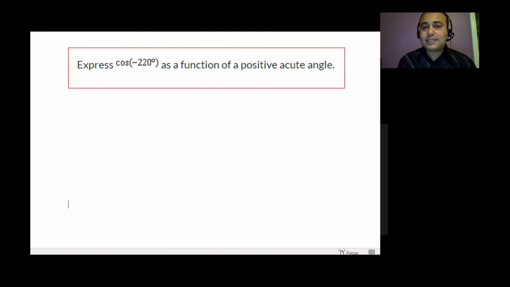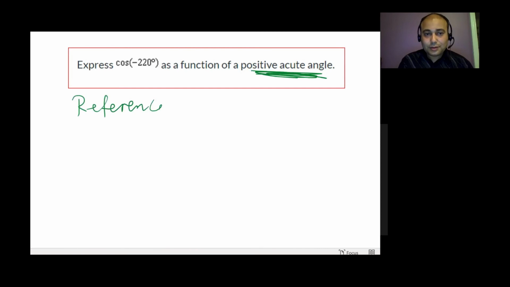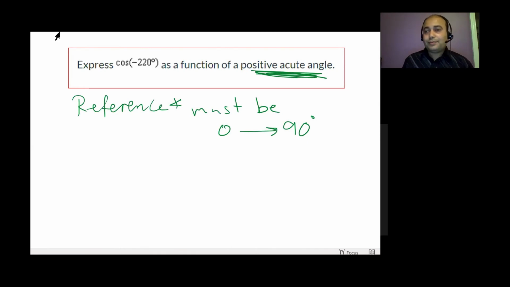You just need a positive acute angle. Remember, the reference angle must be between 0 and 90 degrees. So that's an acute positive angle.